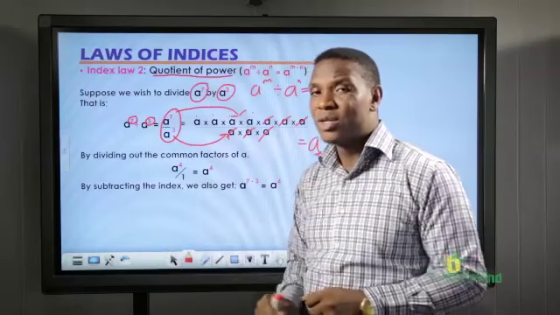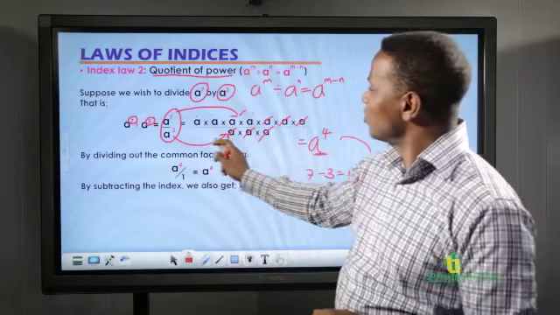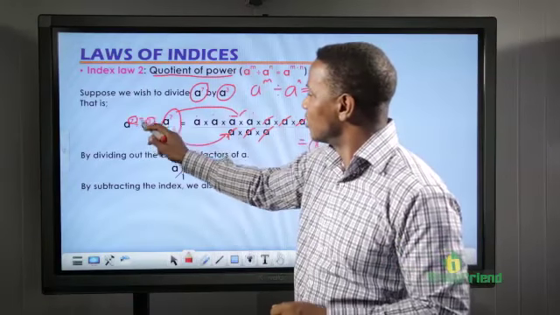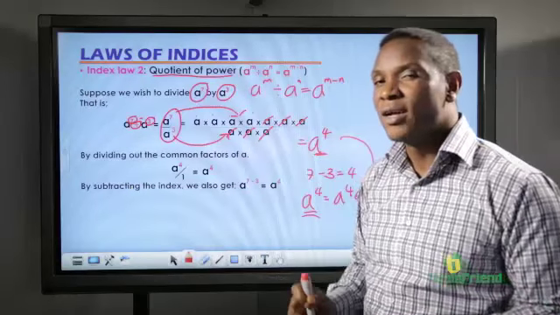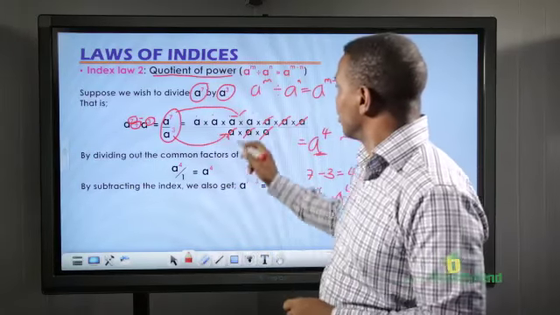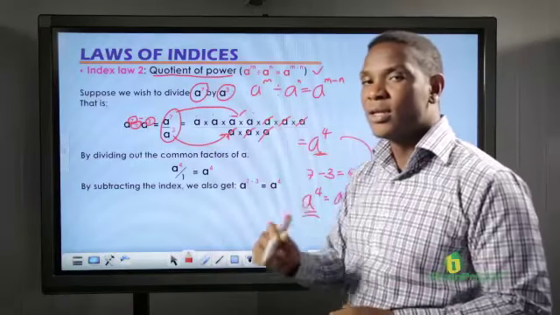So this simply tells us that instead of going through this long route, we could simply subtract our powers when we have our operator as a divider. Therefore, we can say here that our law once again is correct.